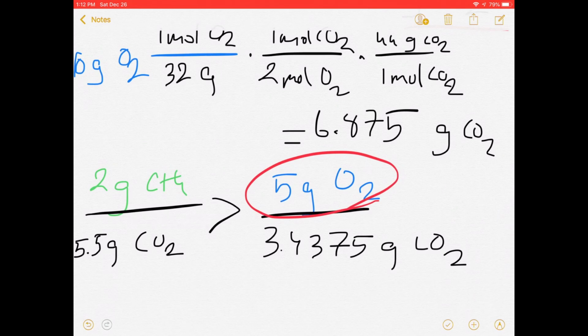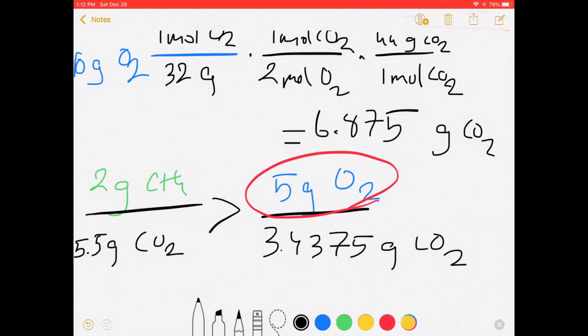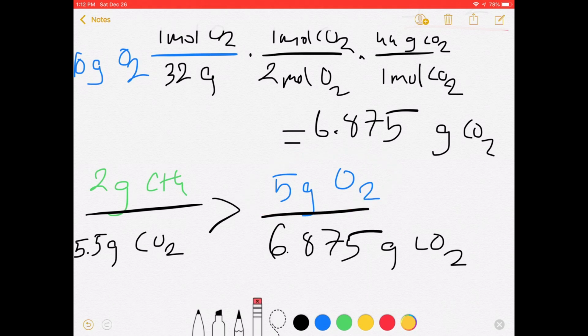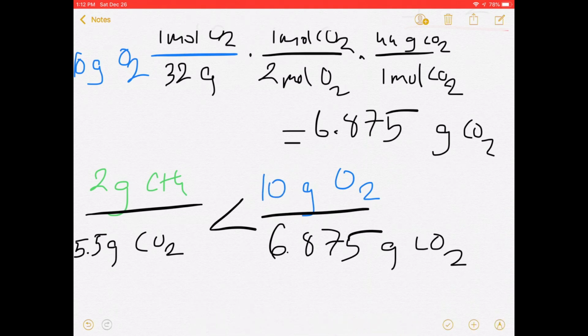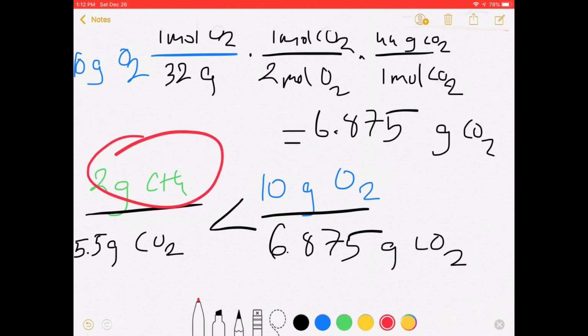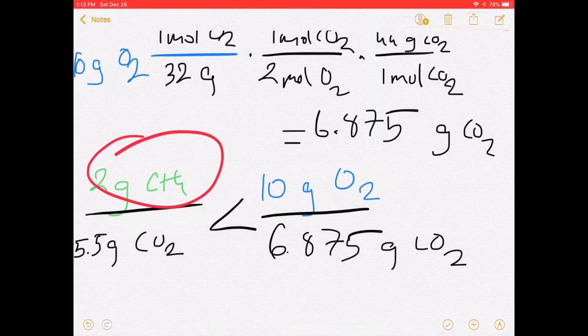Now if I compare 6.875 grams of CO2, we see that the result changes, and now the winning reactant is the 10 grams of O2 instead of the CH4 like in the previous problem. So it totally changes which one is the limiting reactant depending on the amount of each reactant that you have.